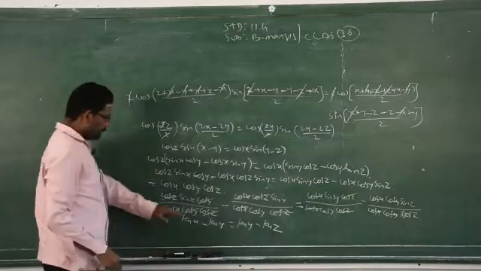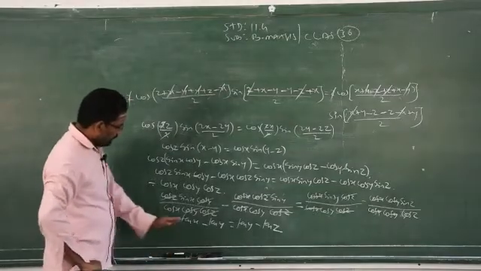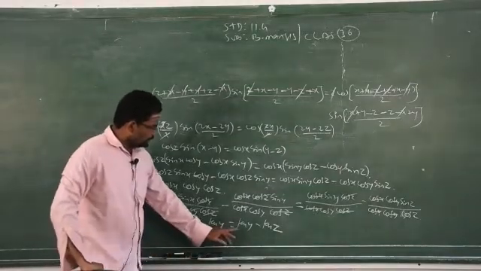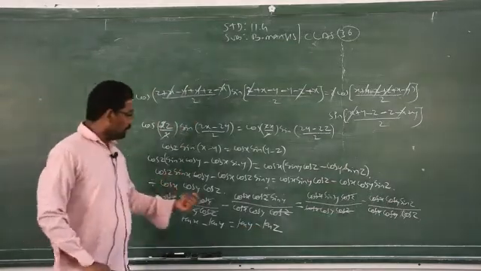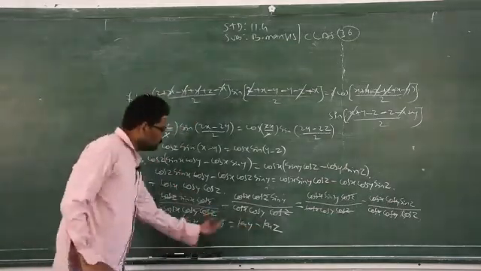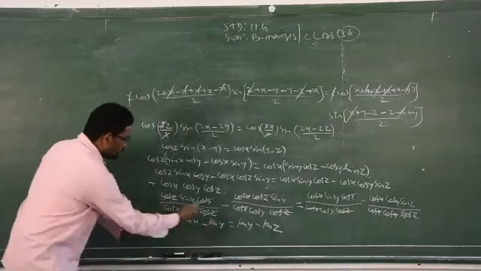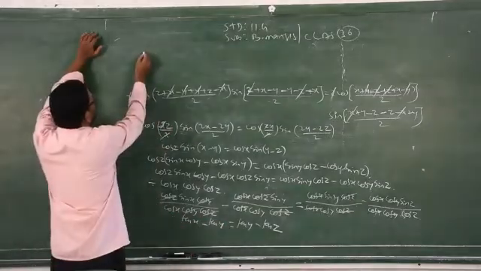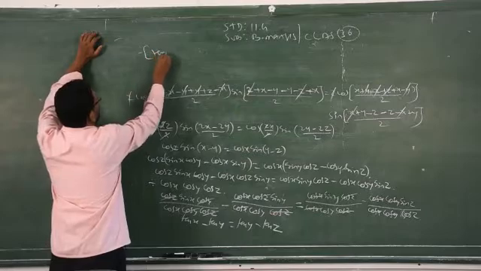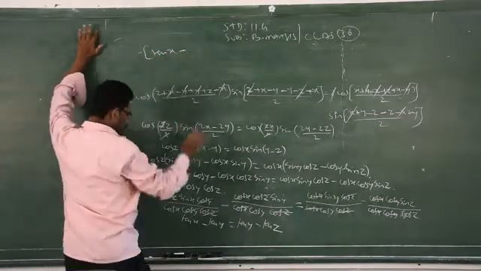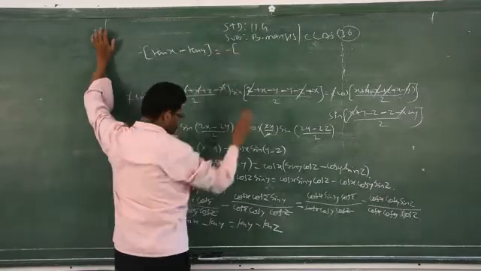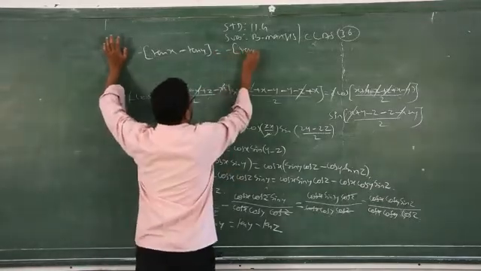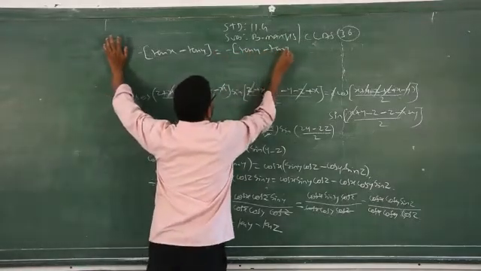So to bring that result, it is T1 minus T2, and T2 minus T3. But what is the AP condition? T2 minus T1, T3 minus T2. So to get that answer, I am just multiplying the negative on both sides. I will get minus tan x minus tan y is equal to minus of tan y minus tan z.